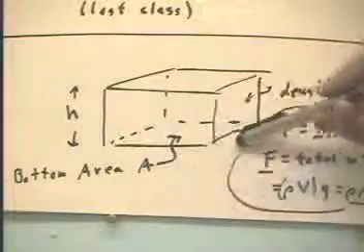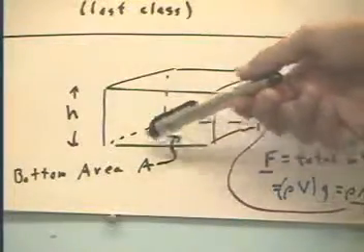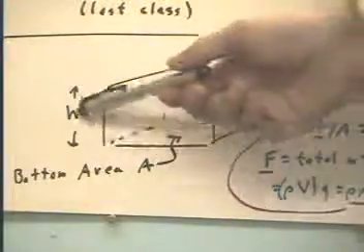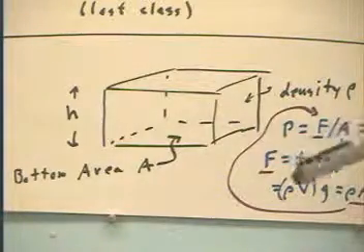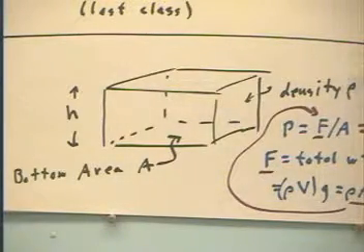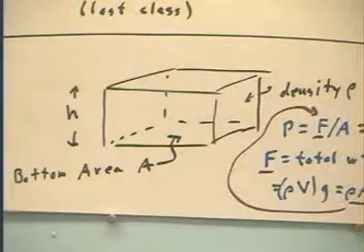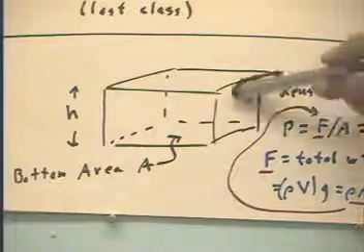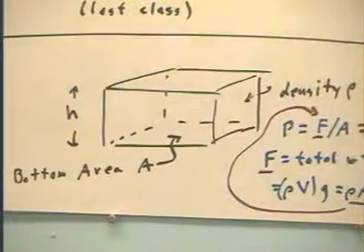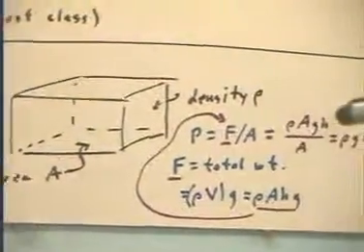If the bottom has area A, then the volume is A times h. Density rho means that the mass is going to be the density times the volume. And then the force is going to be the mass multiplied by the acceleration of gravity.